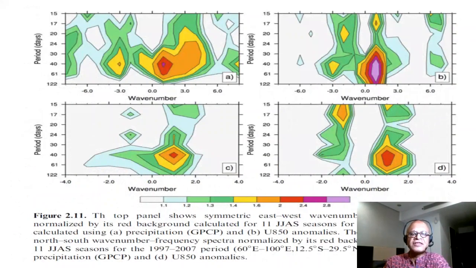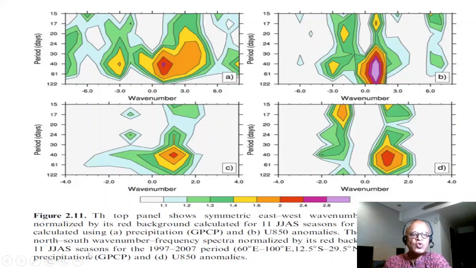winds, and these are the wave number spectra. So the top panel shows symmetric east-west wave number frequency spectra normalized by its red background, calculated for 11 JJAS seasons for 1997 to 2007. A is the precipitation from GPCP, B is the 850 hectopascal zonal wind anomalies.